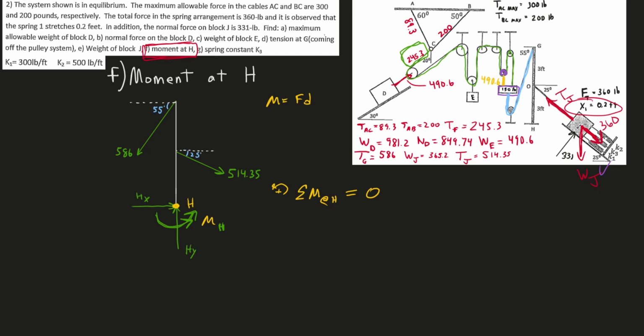So the 586 is going to have two components. It's going to have this x component and it's going to have this y component. So let's pretend that these two forces act at this point instead of this one. Remember, these two are the components. They together create this force.